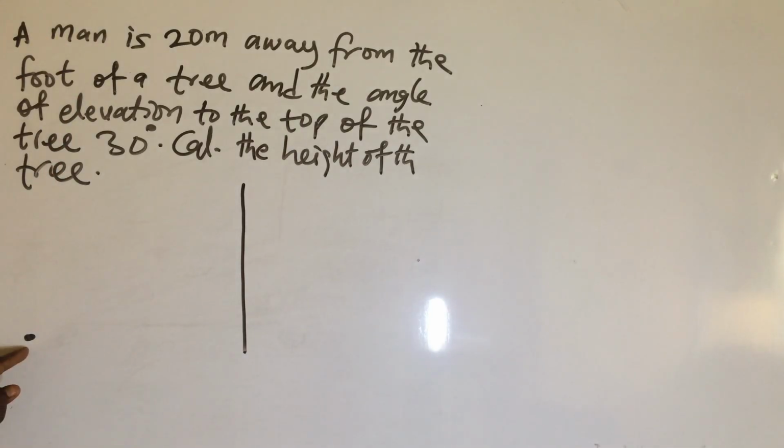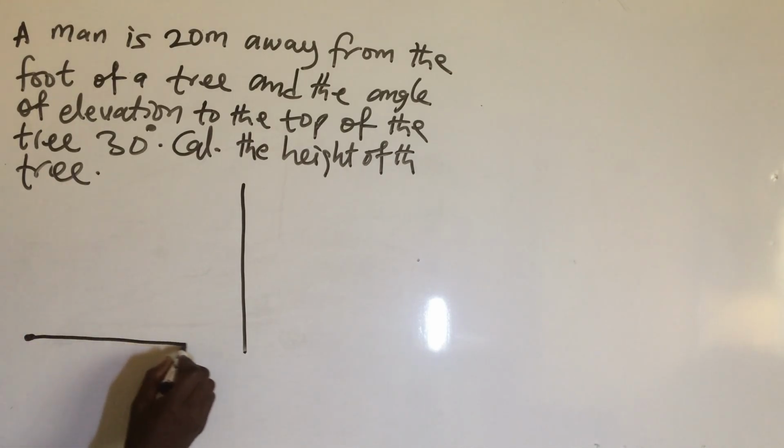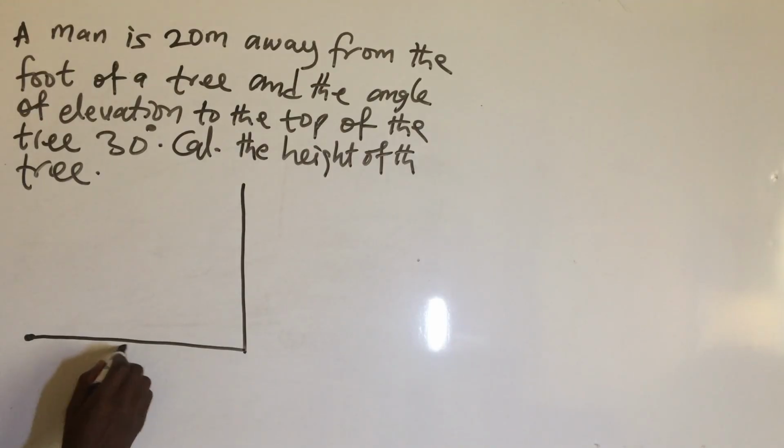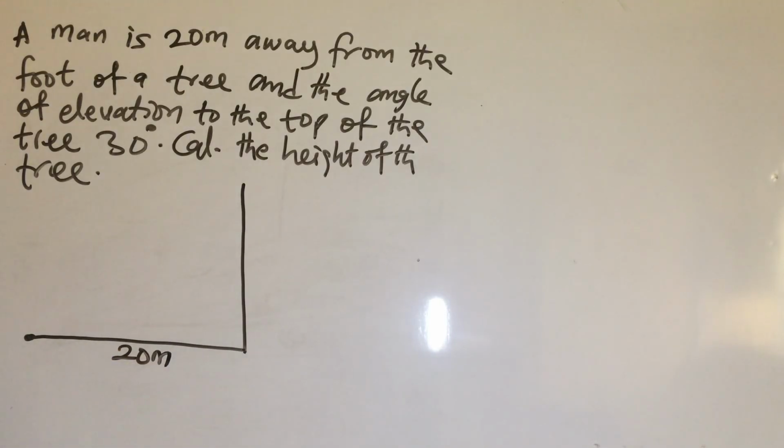So this is the point of the man observing the tree, and he is 20 meters away from the foot of the tree, all right? Then the question says that the angle of elevation of this man observing this tree is 30 degrees.